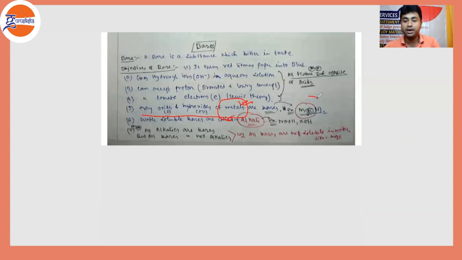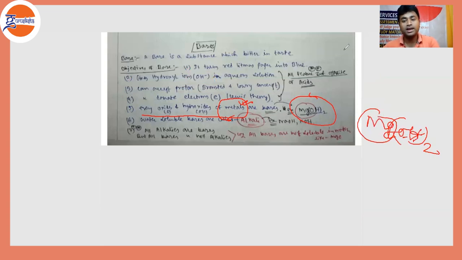For example, Mg(OH)2, magnesium hydroxide, in which oxygen and hydrogen bonds are present, and magnesium is also a metal.